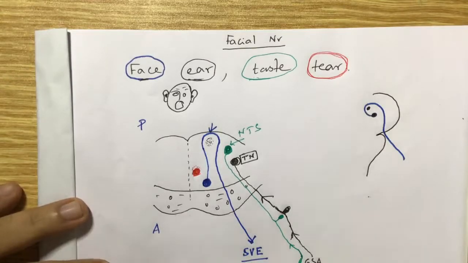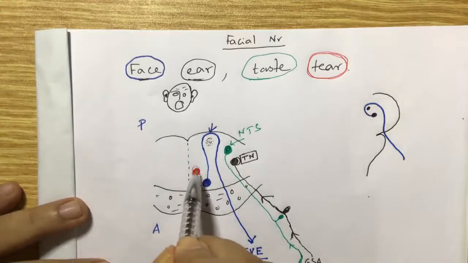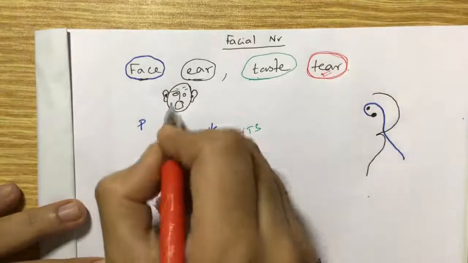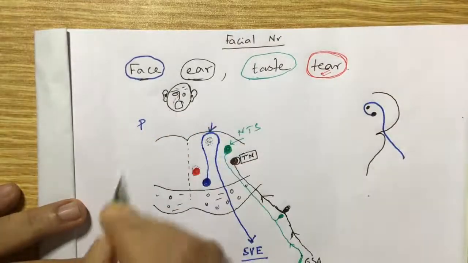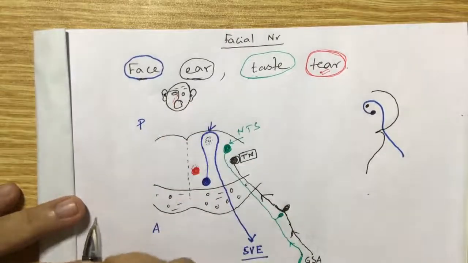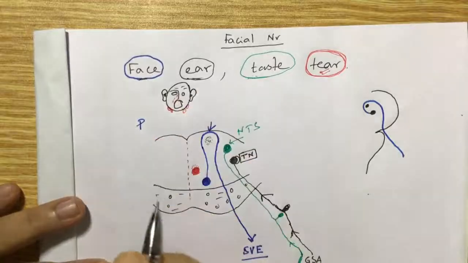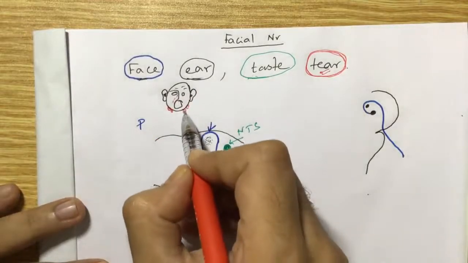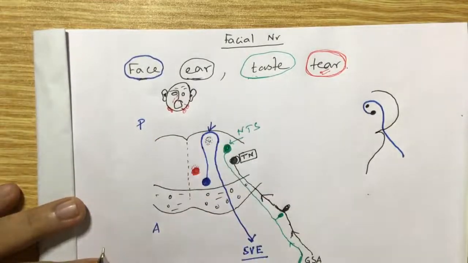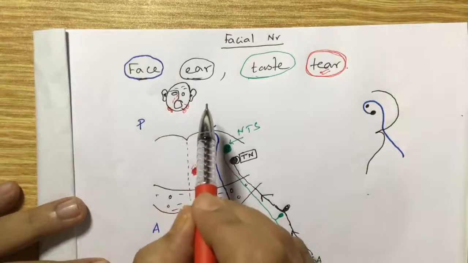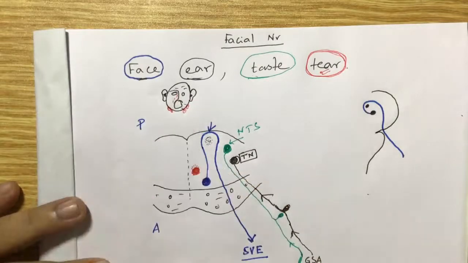Now, what is the function of this nucleus? This nucleus not only supplies the tear, you can remember when it is tearing, but also some secretion from the nose, and the two small salivary glands, submandibular and sublingual, and the glands of the soft palate, and I've shown the nasal cavity.